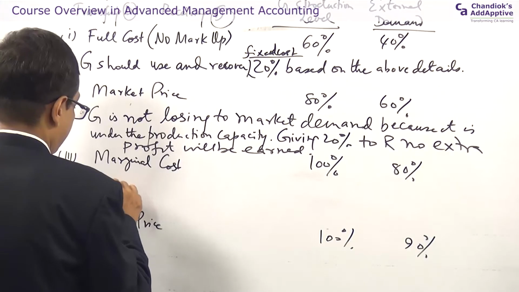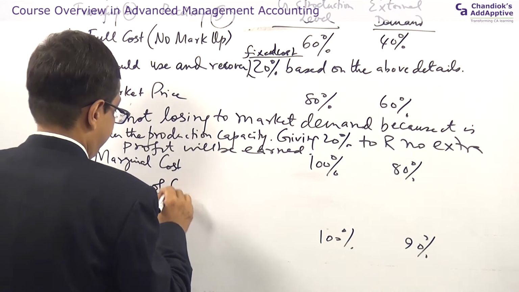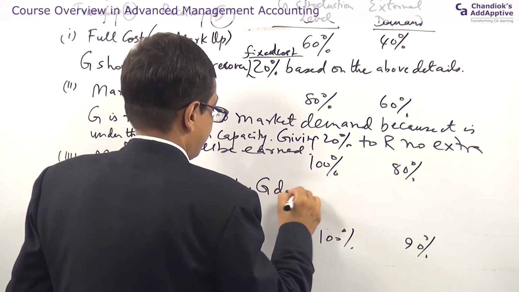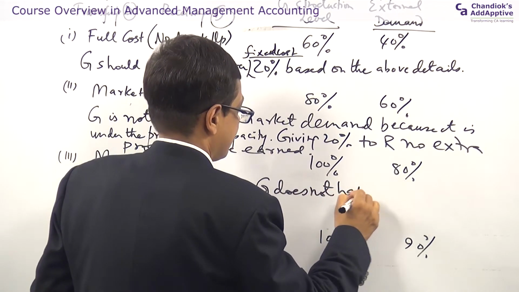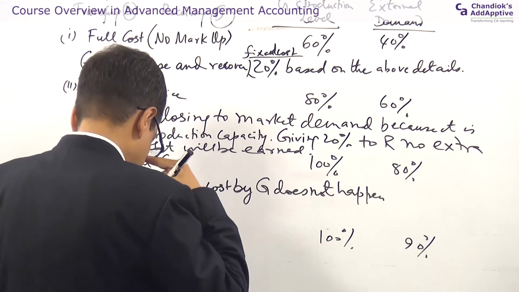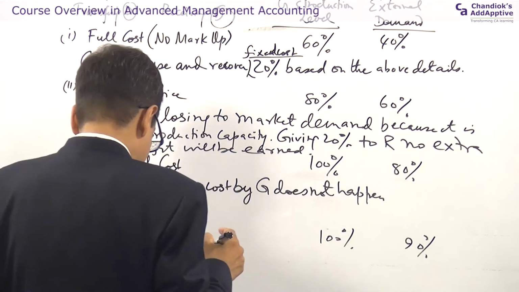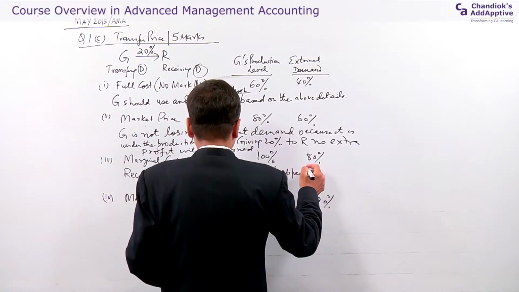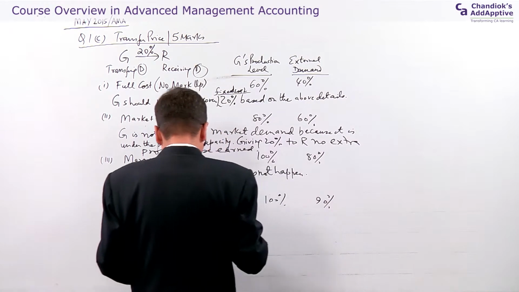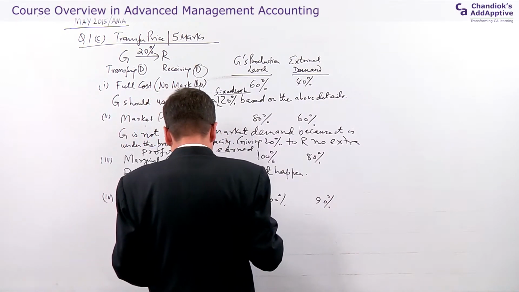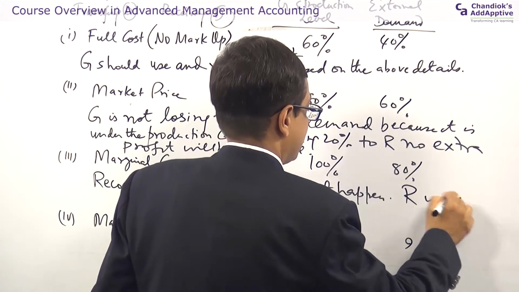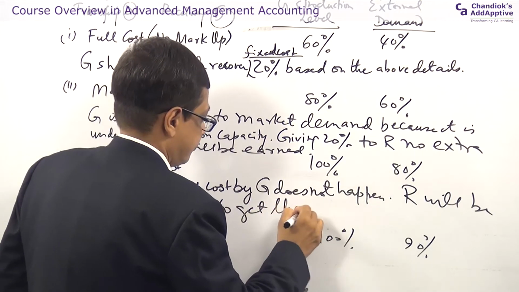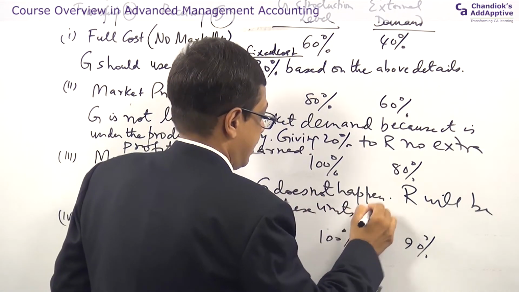So recovery of fixed cost by G does not happen, right? If recovery of the fixed cost does not happen, what does this mean? This means R will be able to get these units at marginal cost.